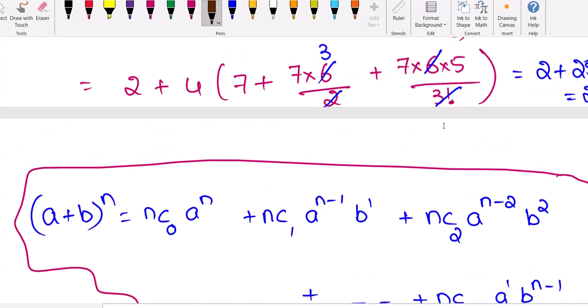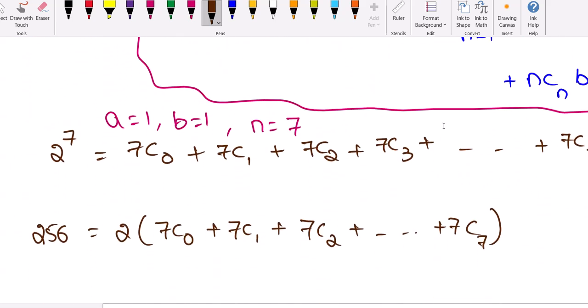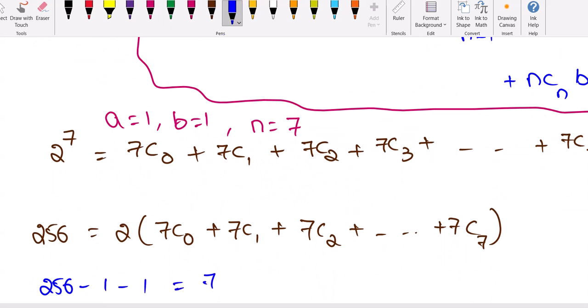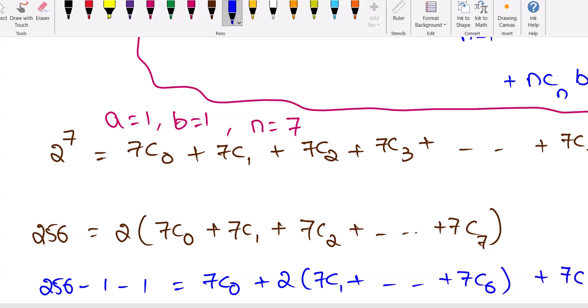And what's the next question doubt? Okay, I'll just complete the thing. So minus 1. Here 7C0 plus 2 into 7C1, and so on up to 7C6 plus 7C7. Yeah, your question is completed. Fine.